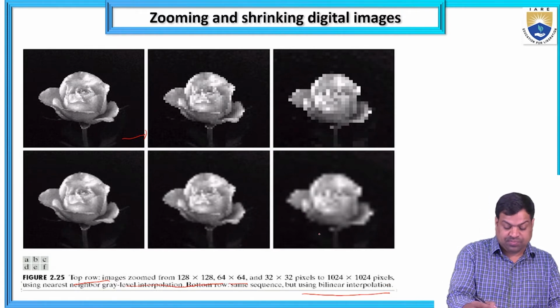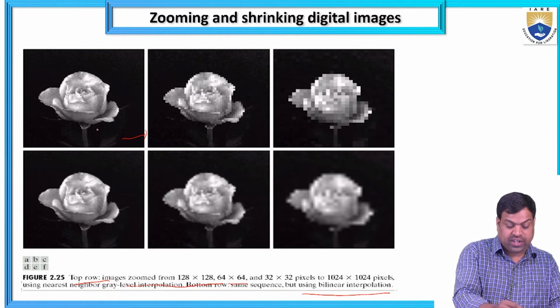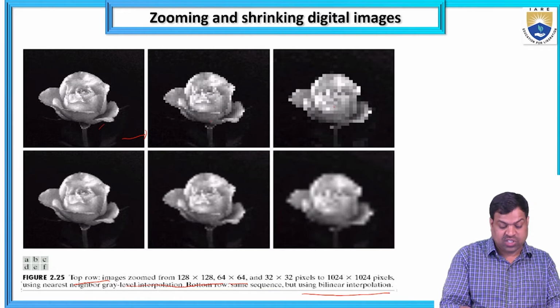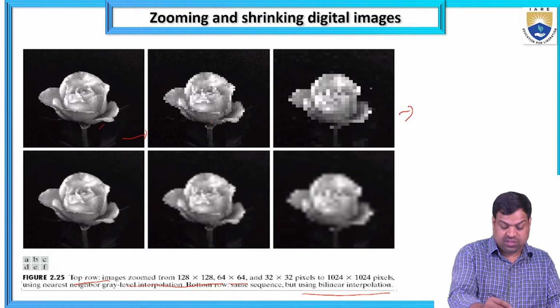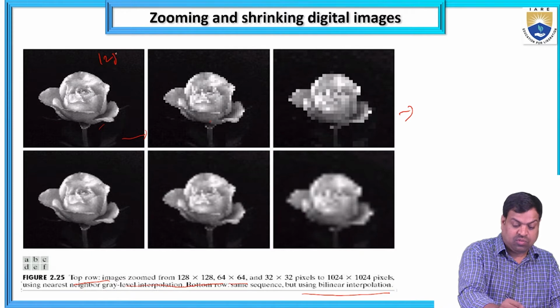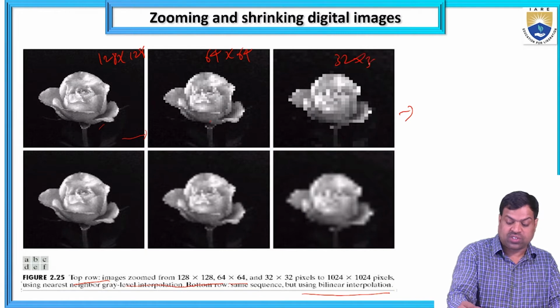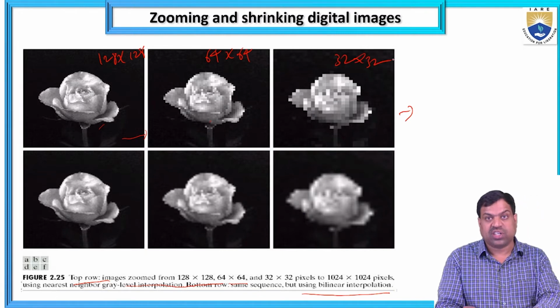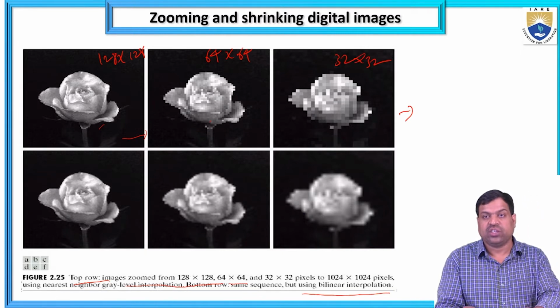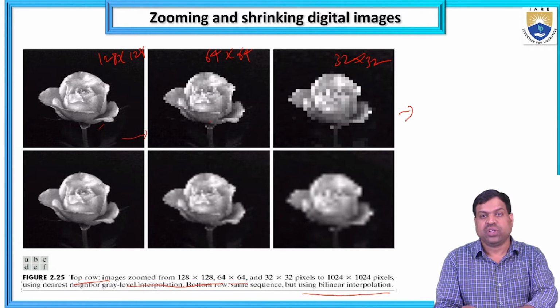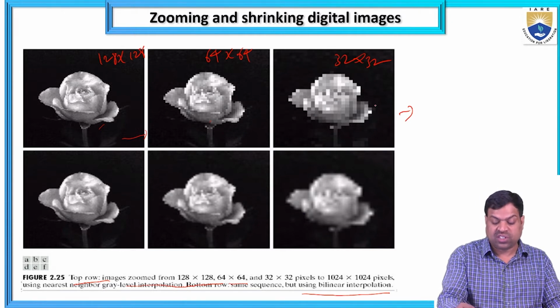Here 128 by 128, 64 by 64, 32 by 32 pixels are there. When we are reducing the pixel size, it shows up as blurring. So it is showing as images. These are the pixels.